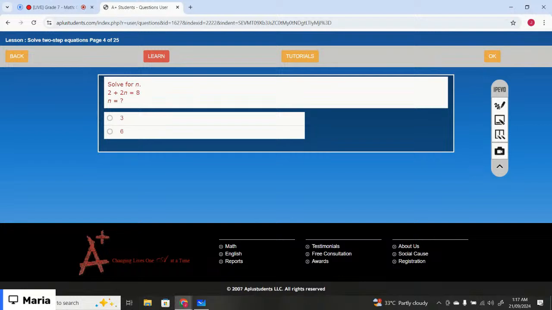That is N equals 3. Option number 1 is the correct option.